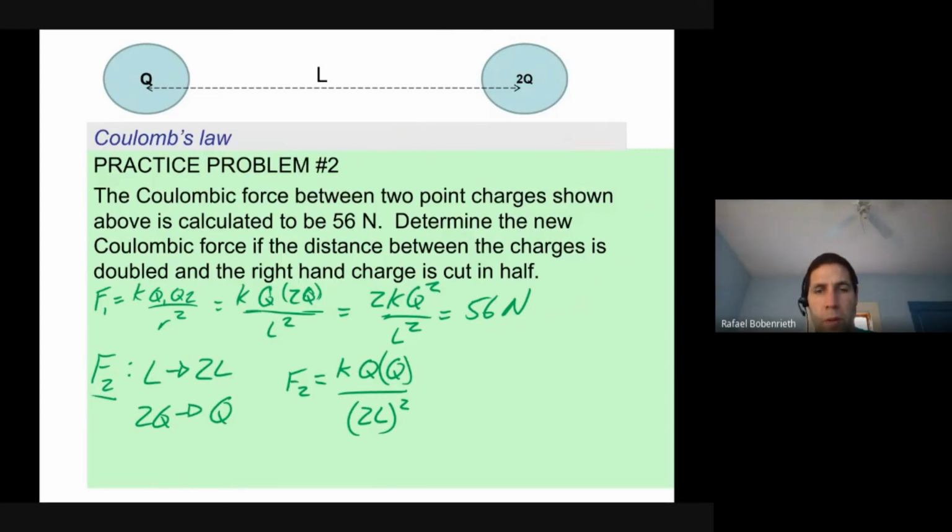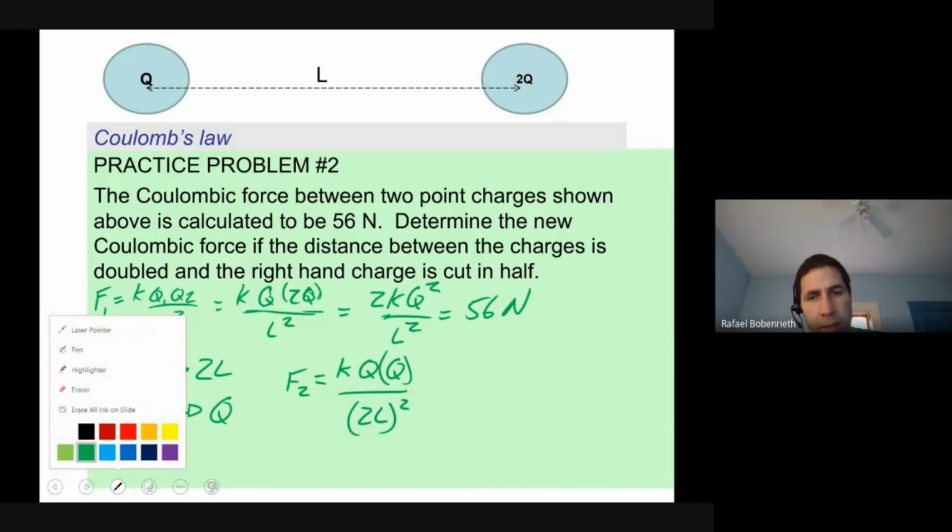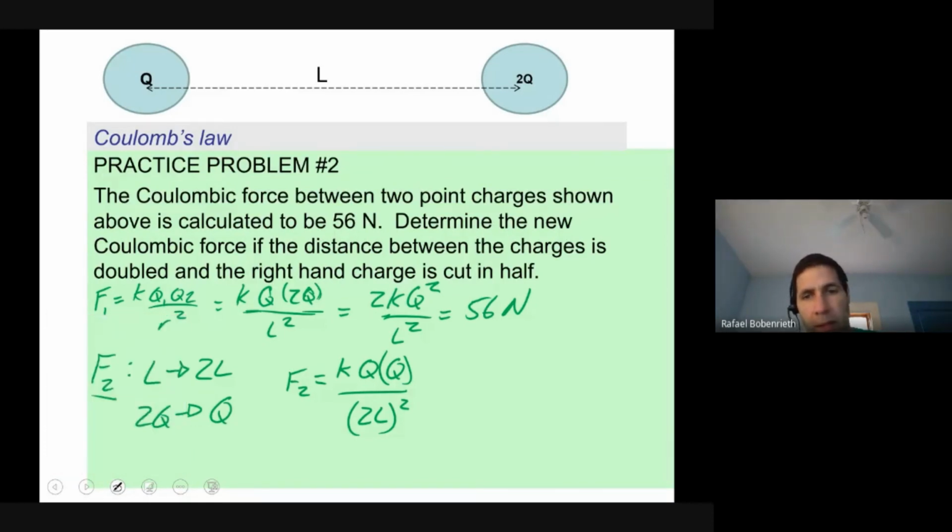Okay? All right, now here's the key about these sorts of problems. What you want to do is get back to something that you can plug in for this. So I want to get 2K Q squared over L squared in my equation below. So let's see how I can do that.